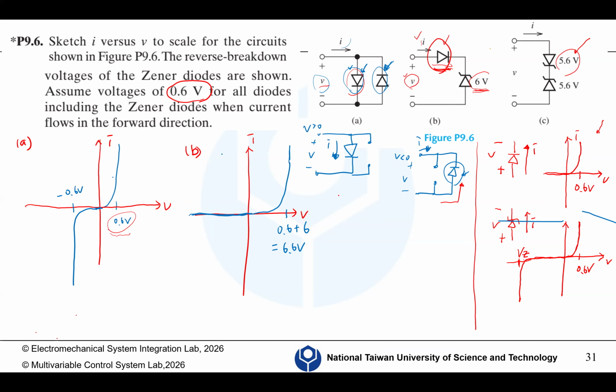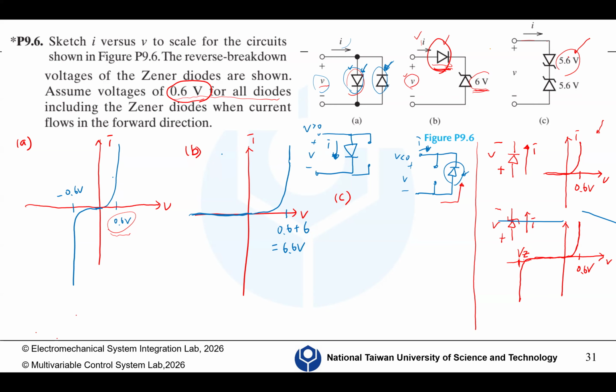And let's look at problem C. For problem C, this problem also assumes 0.6 volt for all diodes, including the Zener diode.